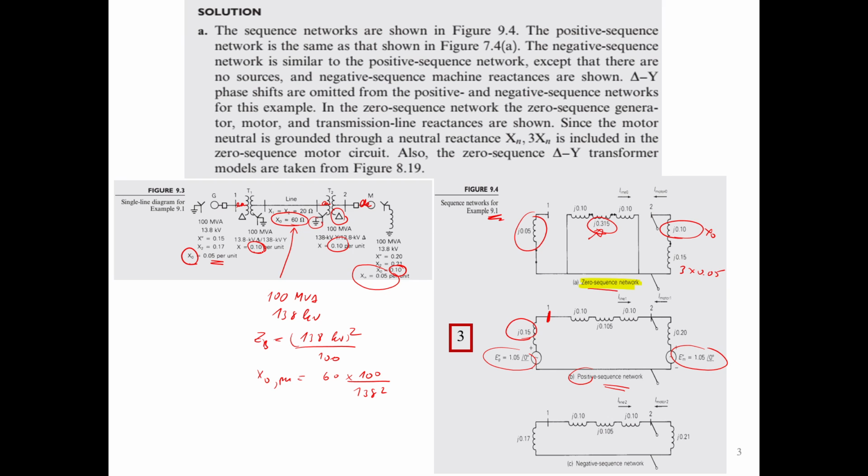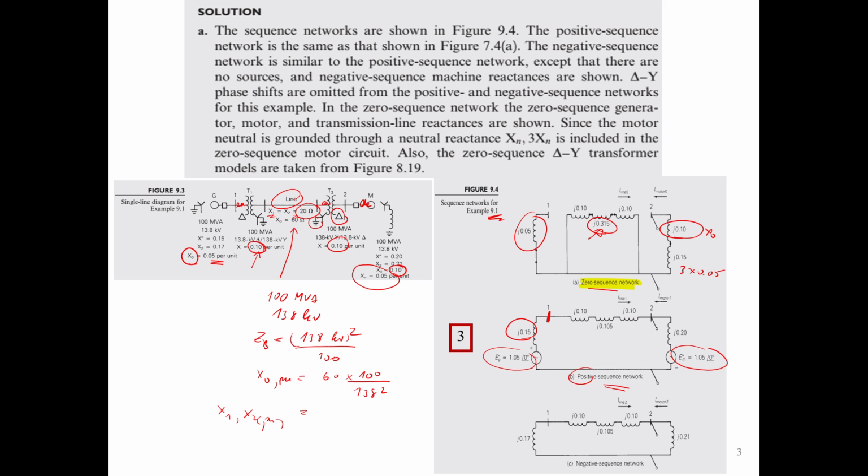reactance of the transformer. And you remember that the reactance of this transformer is the same for all the sequence networks, meaning that X0, X1, and X2 are identical. And for the line, we have equal positive and negative reactance. So you have to convert this 20 ohms into per unit, your X1 and X2 in pu.